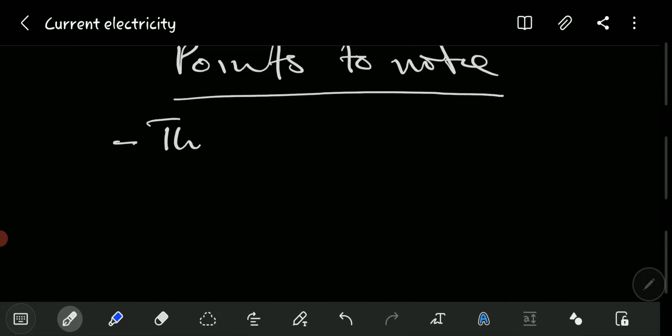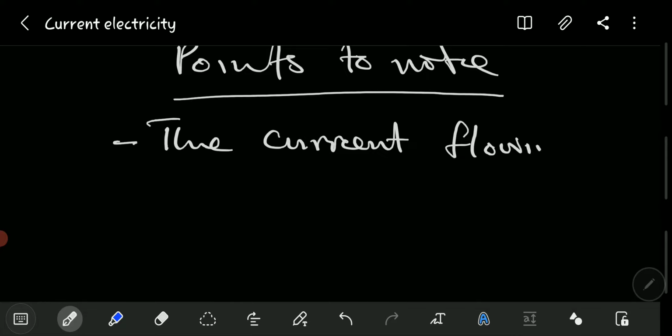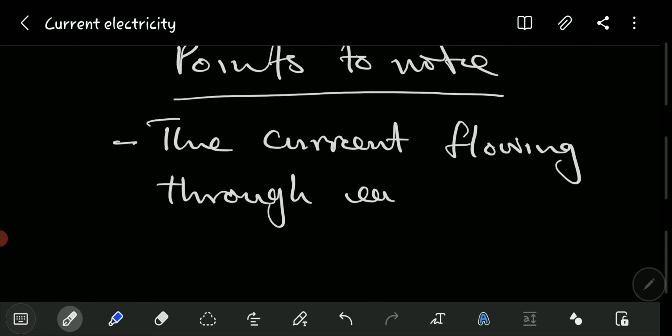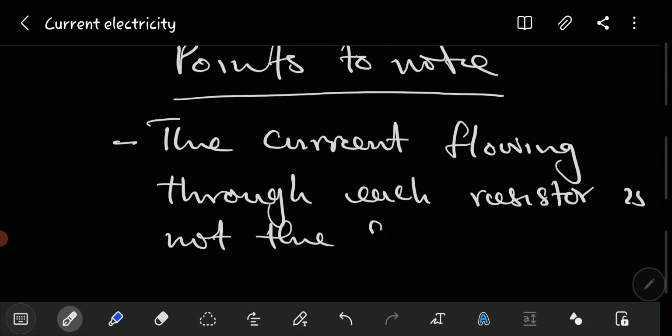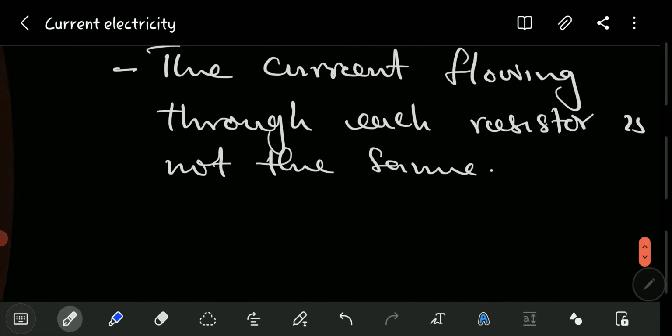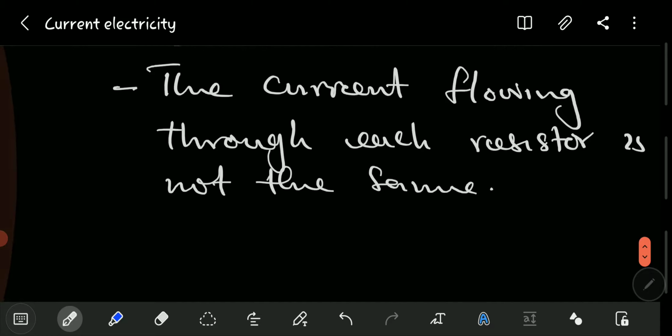The current flowing through each resistor is not the same.